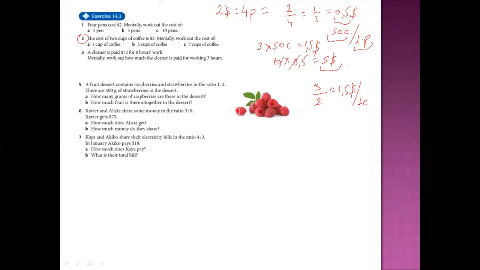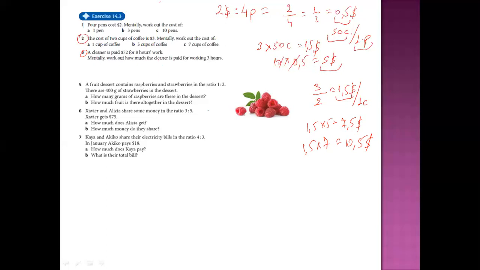So we need to mentally work out the cost: 1 cup of coffee is $1.5, and 5 cups of coffee is 1.5 times 5, which is 7.5. And the last one, 7 times 1.5 is equal to $10.5.